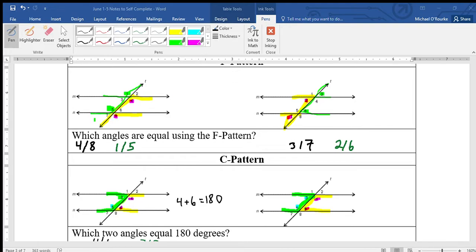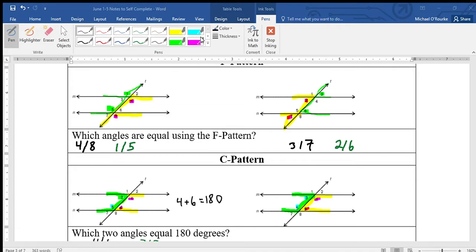Well, they're both on the inside here, so I'm going to use a C pattern to find that one. So my C pattern, I know it equals 180 degrees minus 61, which equals 119. So I know that's 119 degrees, and that is C pattern.